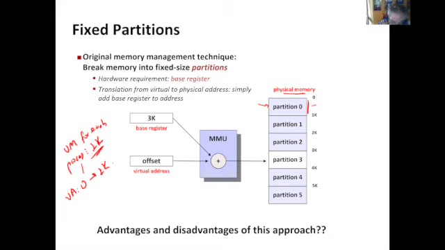Now we can store a base register. For example, if I have a process that's using partition 3, then we take its virtual address, which is between 0 and 1K, and add it to the base register, and this is now the physical address, and with that I can access the physical memory. Now what are the advantages and disadvantages of this approach?